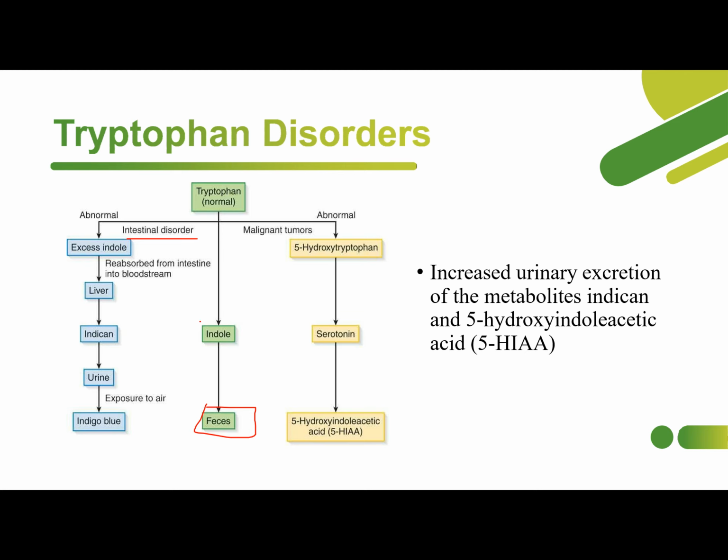But in intestinal disorder, the indole is not being excreted by the feces. So when that happens, there would be excess indole, and this excess indole would be reabsorbed from the intestine and would go to the bloodstream. From the bloodstream, class, it would now go to the liver. In the liver, indole is degraded into indican, and indican would be excreted via urine.